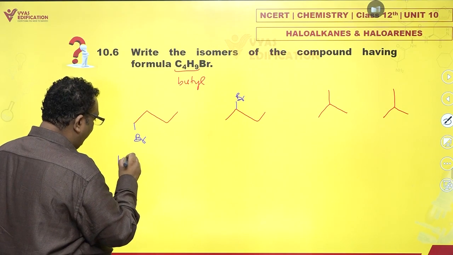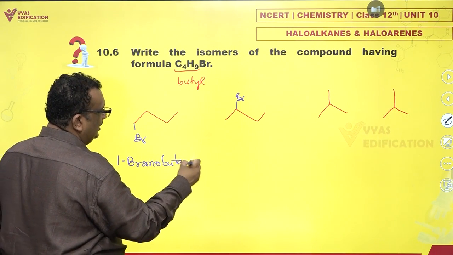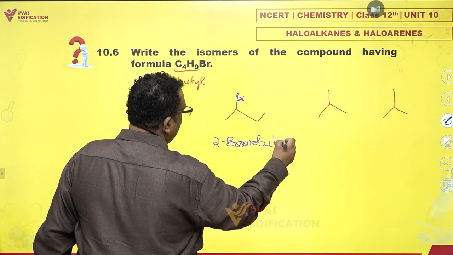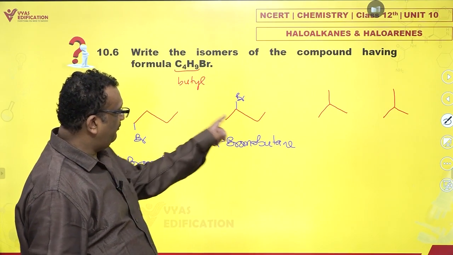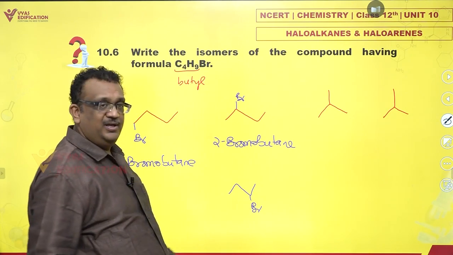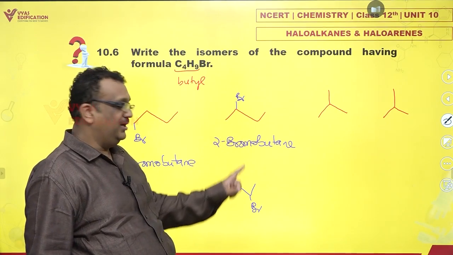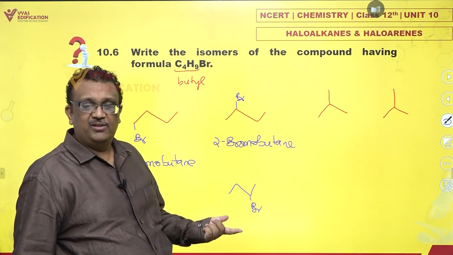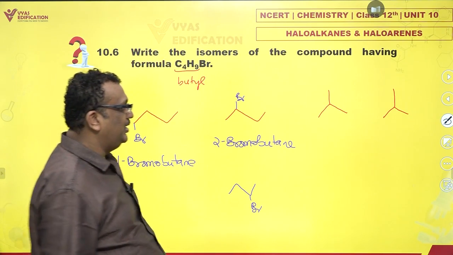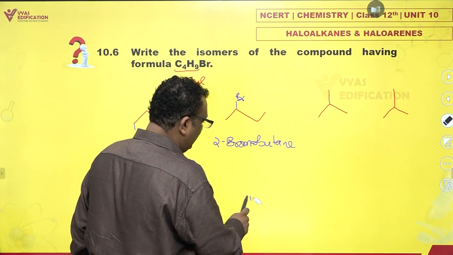So I have 1 bromobutane and I have 2 bromobutane. Even if I put a Br here, it is nothing new. It will be counted from this side, not from this side. It would again be 2 bromobutane only. So I just have two possibilities, 1 bromobutane and 2 bromobutane based on butane parent chain, right?